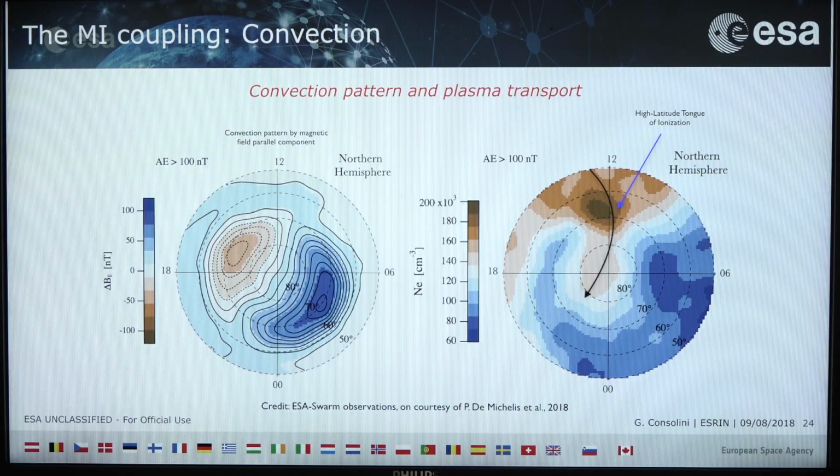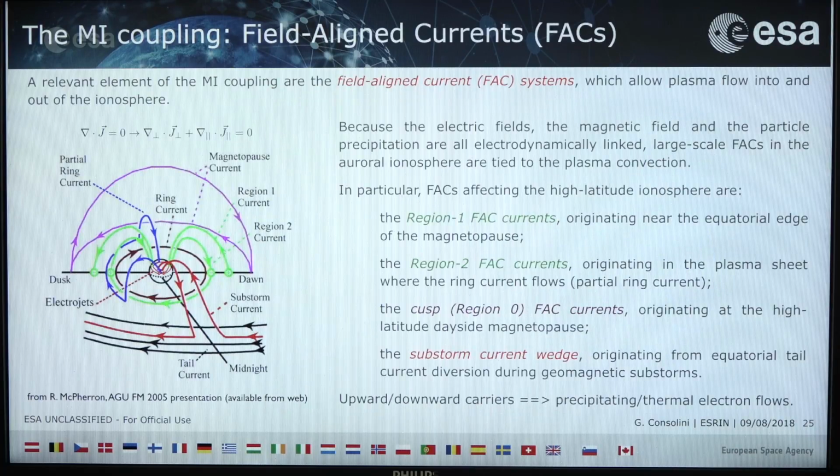So for a disturbed period, you can see these are the cells, and you see that there is an extension of this density of plasma. This is called the high latitude tongue of ionization of electrons. This is the electron density that is transported inside the ionosphere. So everything is very, very fast.